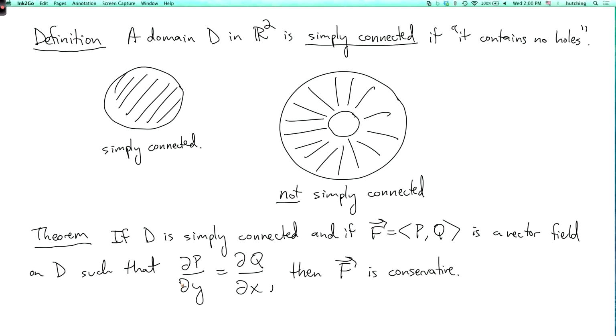So if you have dP/dy equals dQ/dx, then you can conclude that F is conservative as long as your domain is simply connected. We'll see an example later that if the domain is not simply connected, then F might not be conservative. Okay, and we will prove this theorem, but we first need to introduce another theorem which we'll use to prove it, which is called Green's theorem. So that's coming next.